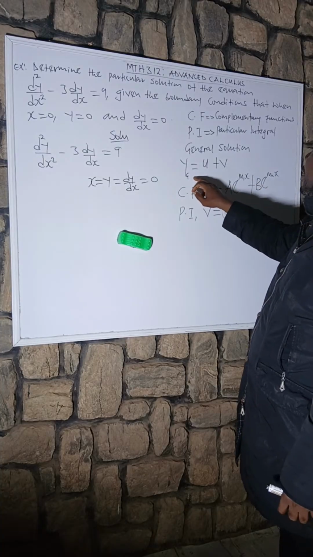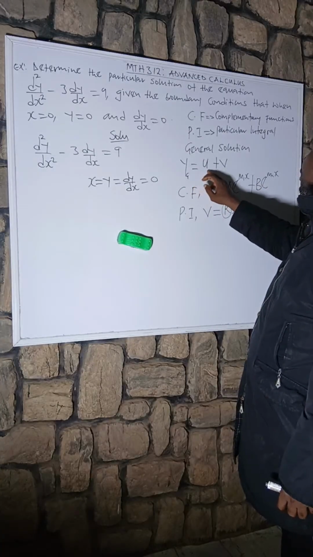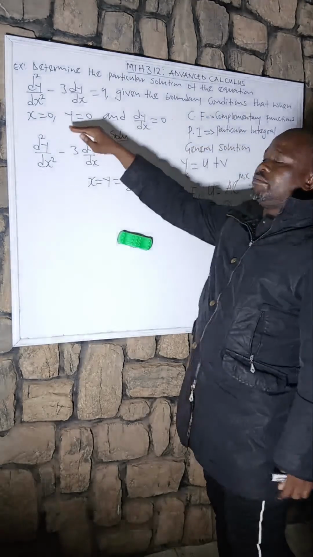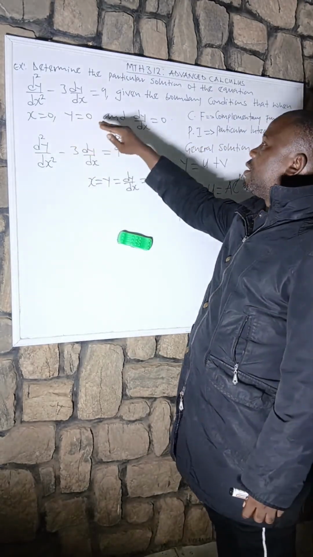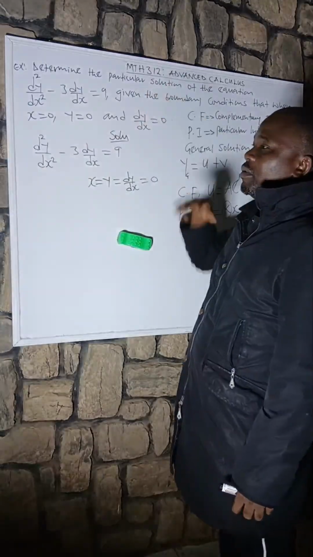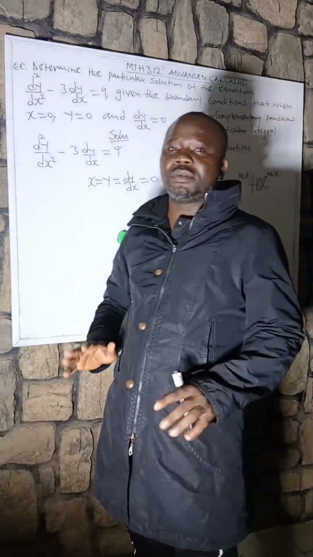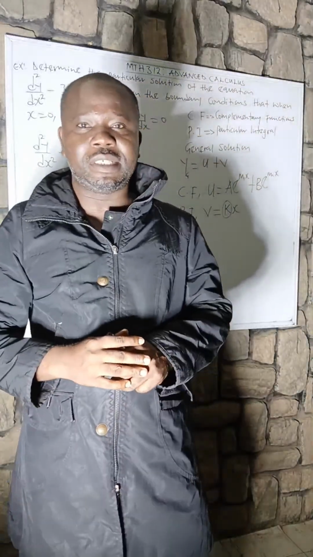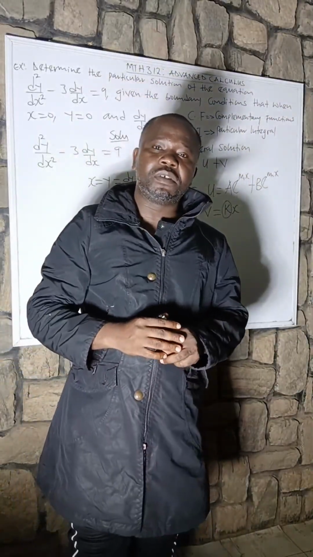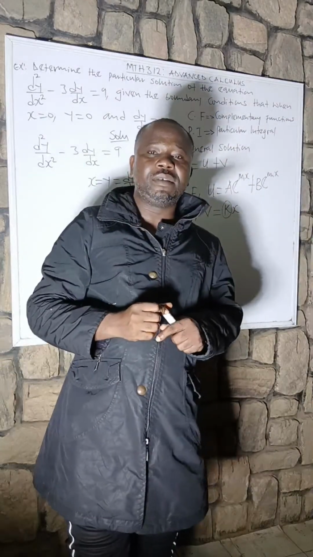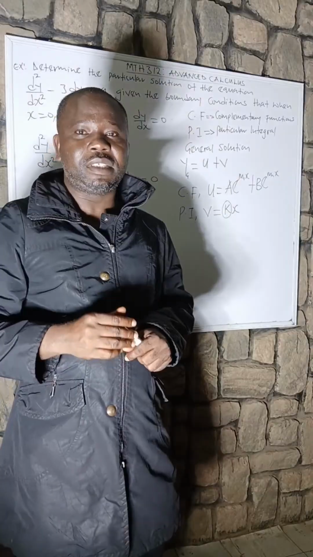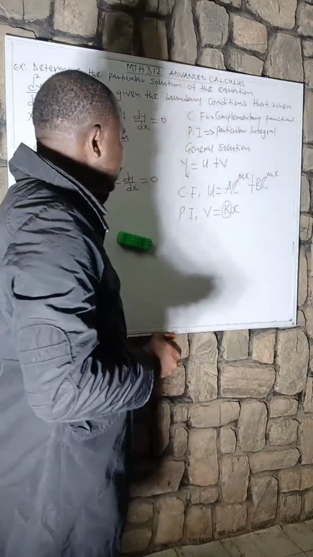Then you consider the general solution, u plus v. Then you use the boundary conditions to find your particular solution. I'm going to break it down for you to understand. In case you don't understand, please drop your questions in the comment section. Is that clear? Okay, let's go.